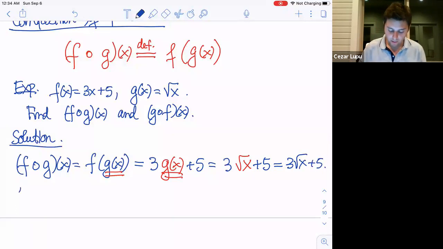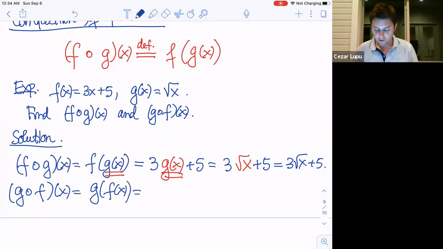Now let's look the other way around. G composed with f of x. This is nothing else than g of f of x, which is nothing else than the square root of x, but instead of x, I'll put f of x.